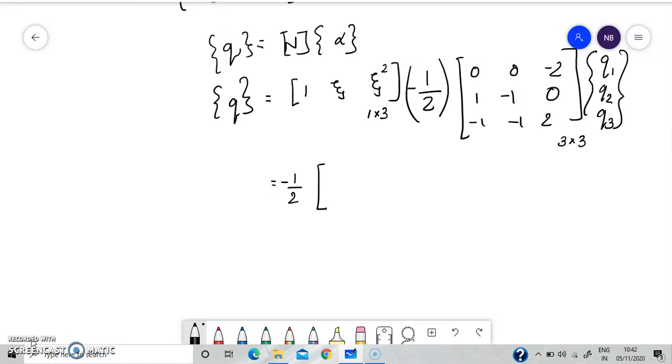We get zeta minus zeta square, minus zeta square, and minus 2, plus 2 zeta square, into q1, q2, q3.